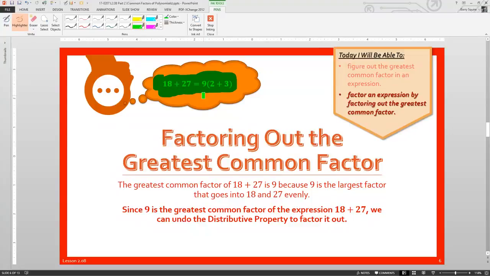So the 9 times 2 plus 3, that's in factored form. The 18 plus 24 is in simplified form. So generally when we simplify things, we don't want to see parentheses. When we simplify, it's the same thing as expanding, spreading it all out and doing everything that was being asked.